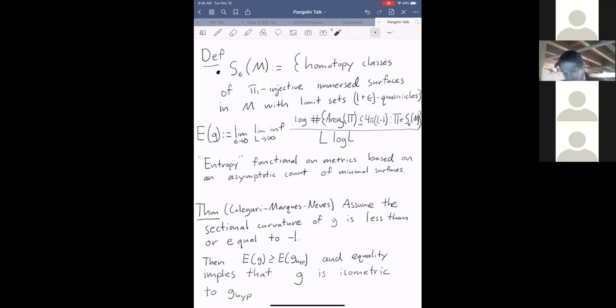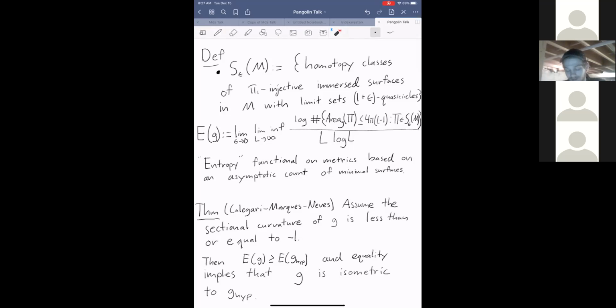And the work that Kahn and Markovic did tells you that this quantity is going to grow exponentially in L as you send L to infinity. So you take a log of it and divide by a normalizing factor, and then you get a number out of this. It's a renormalized count of how many minimal surfaces you have with small.